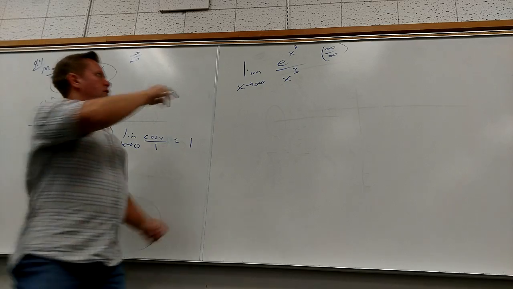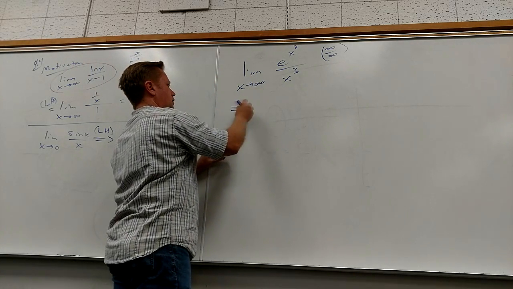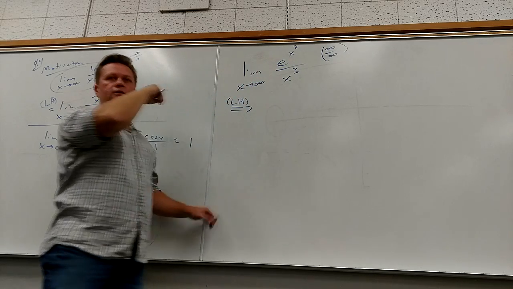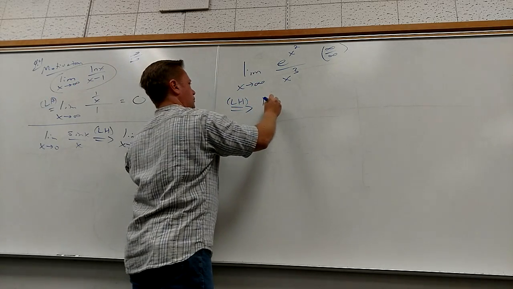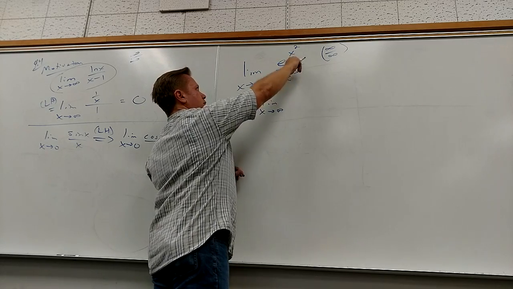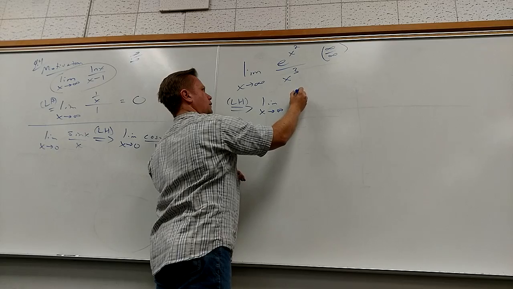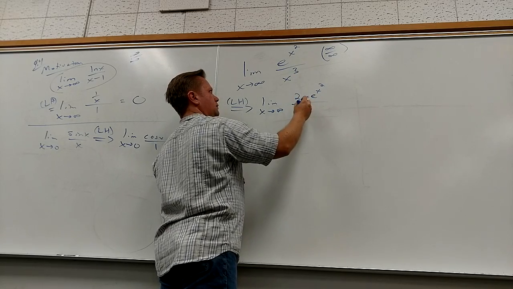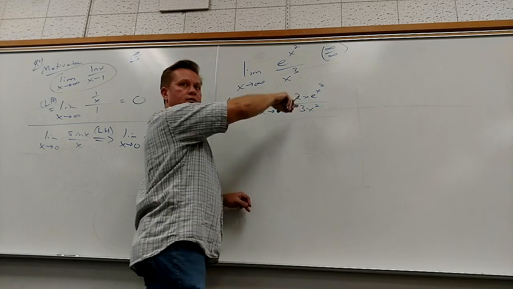So using L'Hopital's, I'm allowed to use it because it's indeterminate. What's the derivative of e to the x squared? 2x, e to the x squared. I like it. Derivative of x cubed? Now what can I do to this?